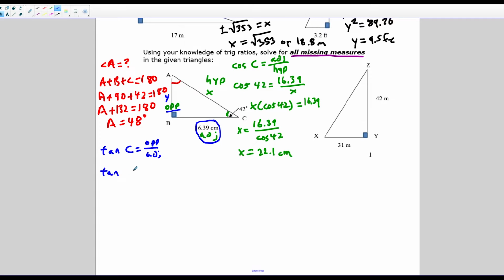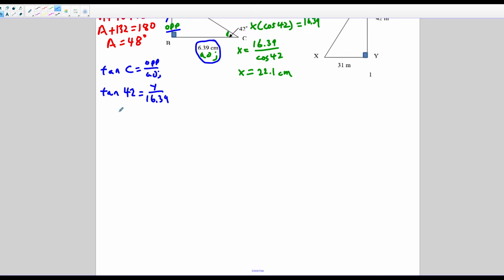And then substituting in all of my known values, tangent of 42 is equal to y over 16.39. Multiplying 16.39 up onto both sides means that I have 16.39 times tangent of 42 is equal to y. And then we end up getting y is equal to about 14.8 centimeters.